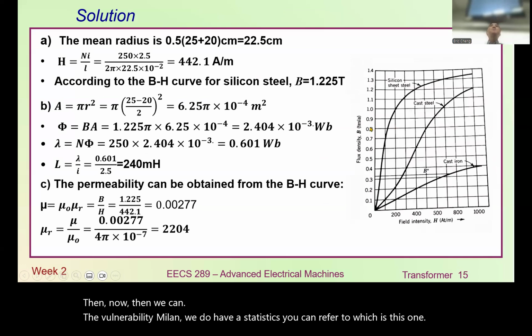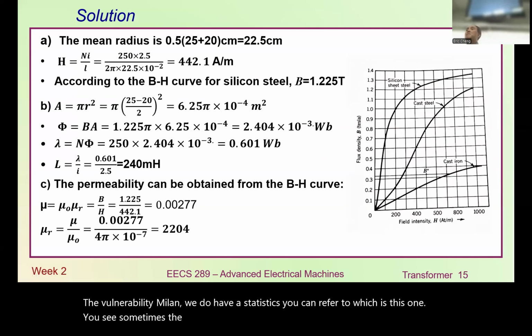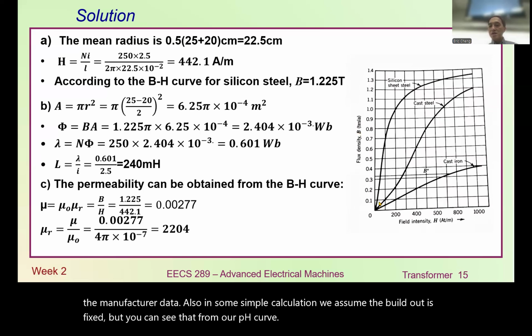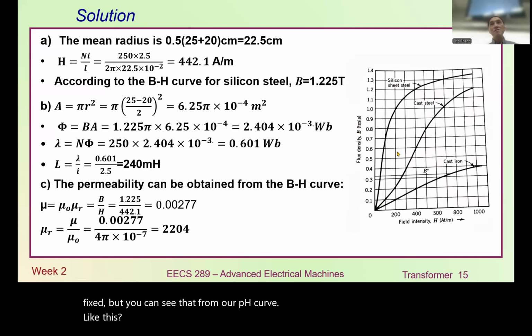Sometimes the μr may not be a fixed value; it can vary depending on the manufacturer data. Although in some simple calculations we assume μr is fixed, you can see from a BH curve like this that it can't be a fixed value.